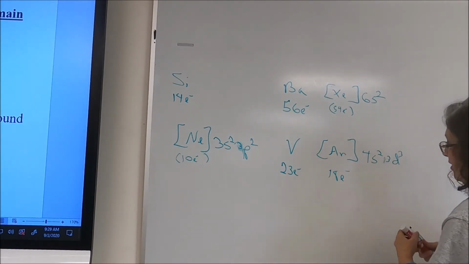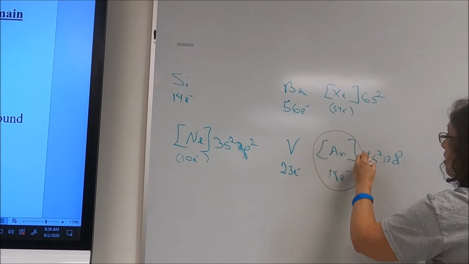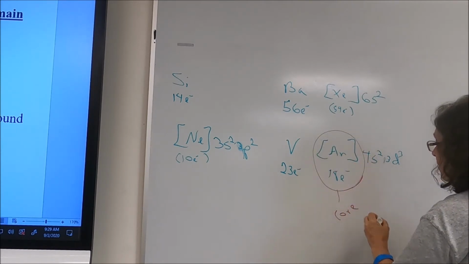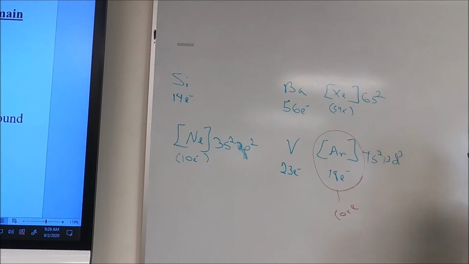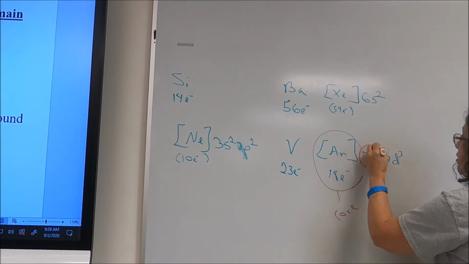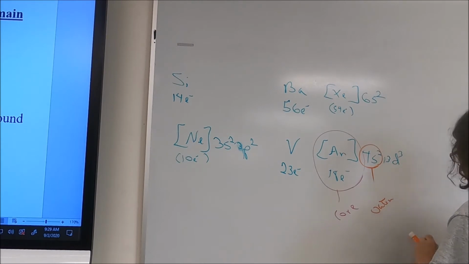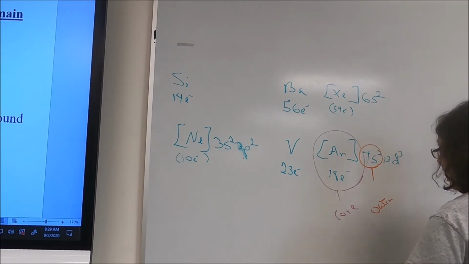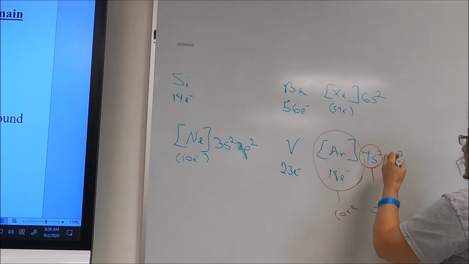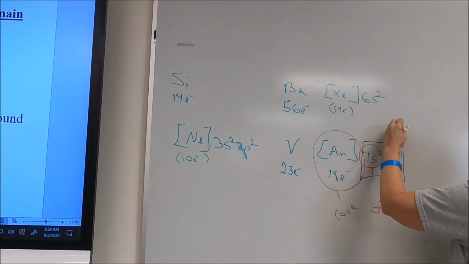Now let's look at this. This is our core. Okay? These are our outer. And there's our valence.